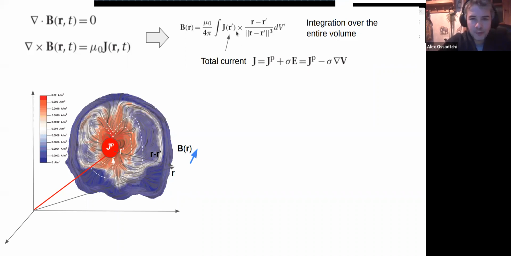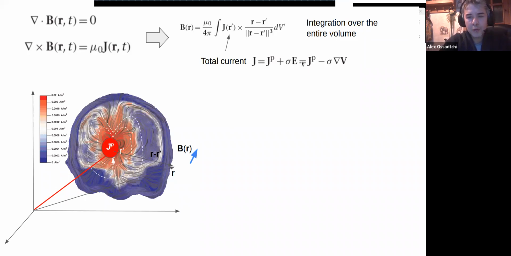The difficulty is the following. This is J of r prime, and this is the integration over the entire volume where the currents are flowing. Okay, and these currents, as I already mentioned, can be both primary currents, which come from our dipole, from our dendrites, right. We will talk about the dipole a little later.